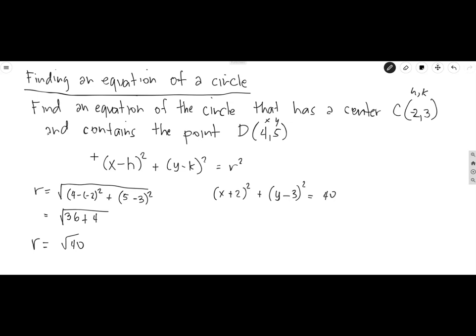If we find r squared, that becomes 40. Now, what is the original form if you solve this? Expanding, you get x squared plus 4x plus 4, plus y minus 3 times y minus 3, which is y squared minus 6y plus 9, minus 40 equals 0.